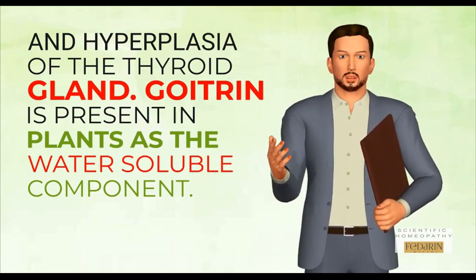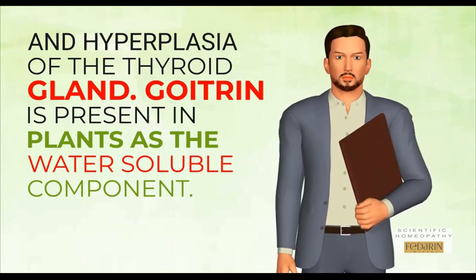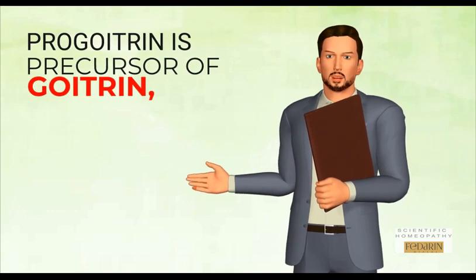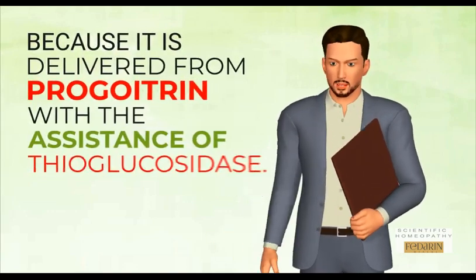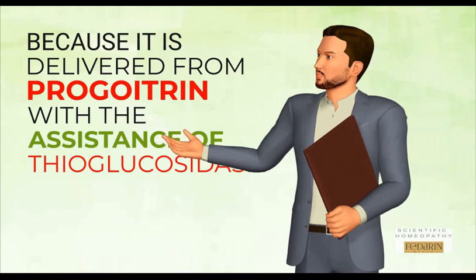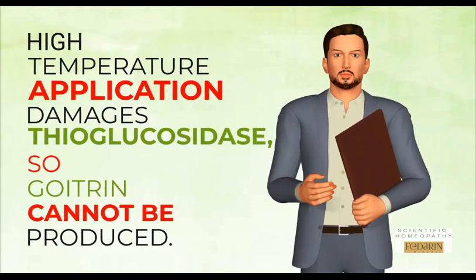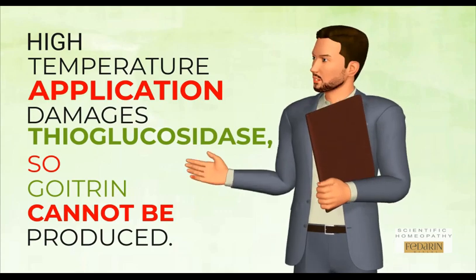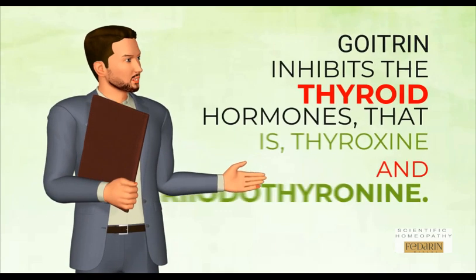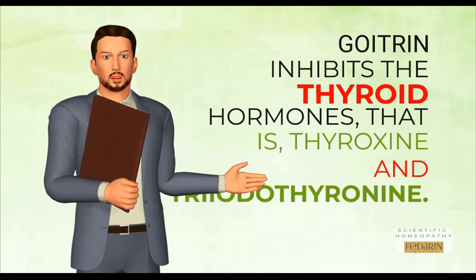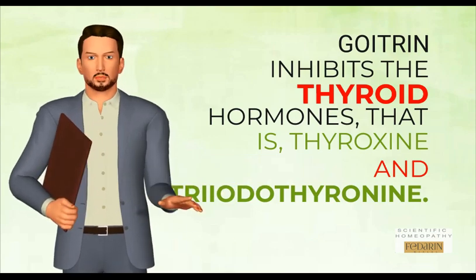Goitin is present in plants as the water-soluble component. Progoitin is the precursor of goitin, because goitin is derived from progoitin with the assistance of thioglucosidase. High-temperature application damages thioglucosidase, so goitin cannot be produced. Goitin inhibits the thyroid hormones, that is, thyroxine and triiodothyronine.